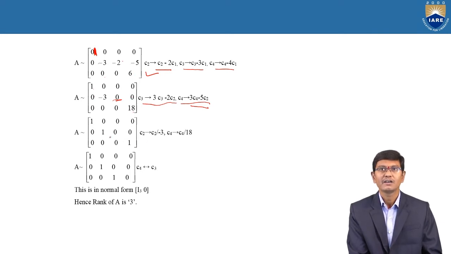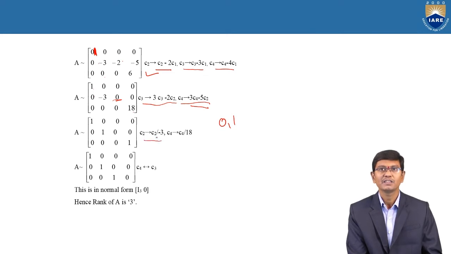Next, here, in our mind, the normal form means that entirely all the values need to be zeros or ones only. But here, in this matrix, there is a minus 3 and 18 is given. Therefore, once again we need to divide, that is, C2 is equal to C2 by minus 3.